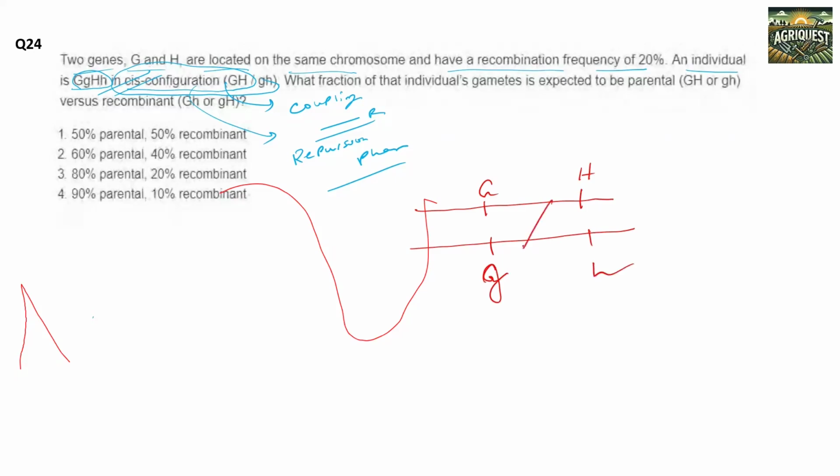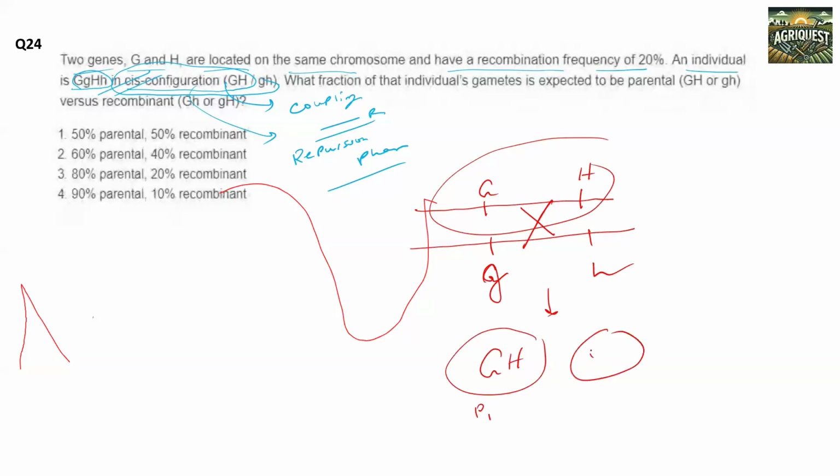If recombination happens, the parental types will produce two gametes: capital G capital H, this is parental gamete 1, and small g small h, this is parental gamete 2. The recombinant types will be capital G small h, recombinant gamete 1, and small g capital H, recombinant gamete 2. Together these form 20%, meaning the distance is 20 centimorgan.